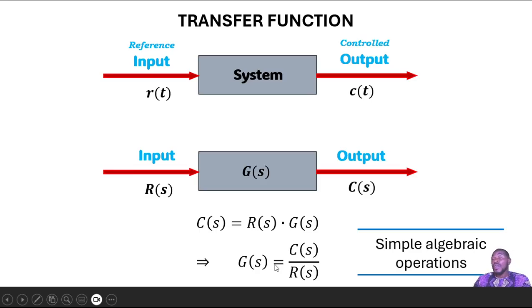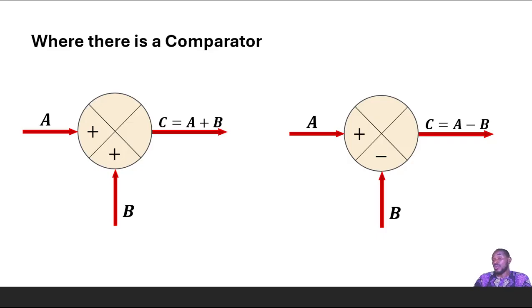Now, when we begin to look at closed loop systems, one of the things that makes a closed loop system possible is the comparator or the error detector. We defined all of this in the last video. What the error detector does is compare two signals, and you could have a positive comparator or a negative comparator.